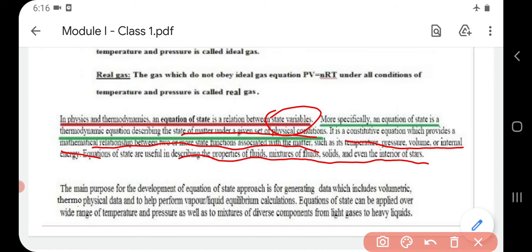They are also used for analyzing volumetric data, thermophysical data, and so on. They can be applied over a wide range of temperature and pressure, as well as to mixtures of gases ranging from very light gases to even heavy liquids. So that's all about the definition for equation of state and its uses.